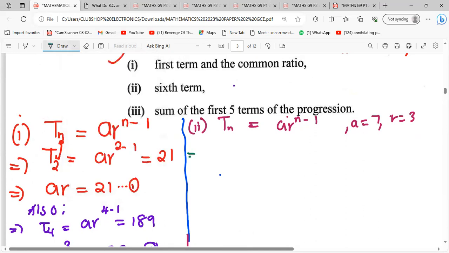So this will imply that, since we want the 6th term, T subscript 6 is equal to our first term, 7, open bracket, our R is 3, to the power 6 minus 1.